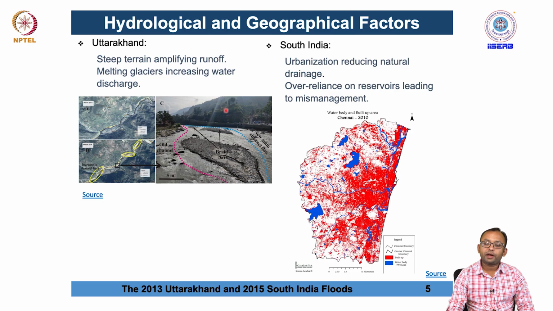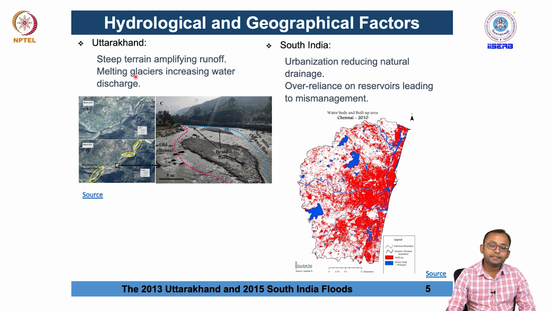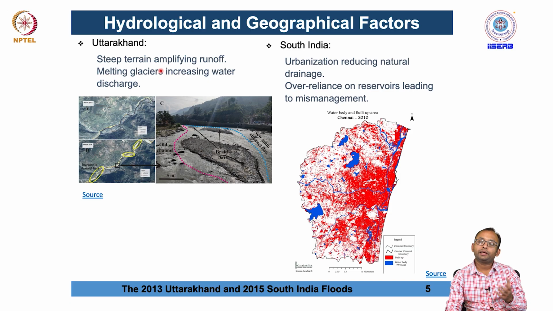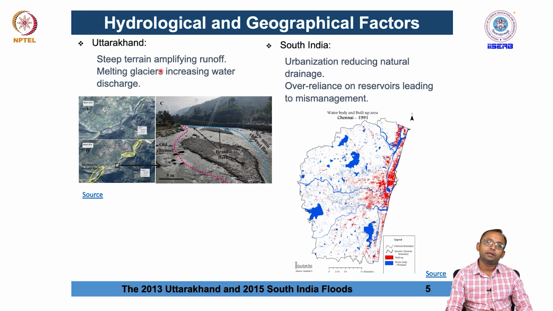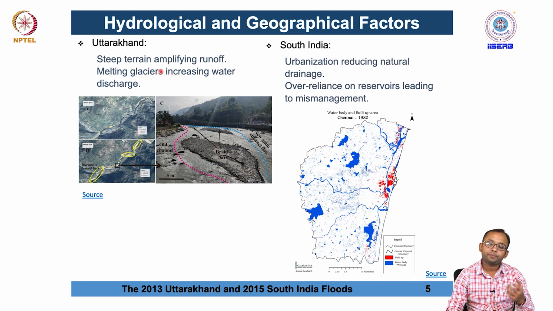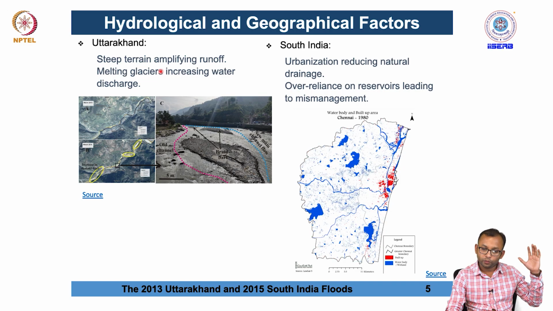What are the hydrological factors in Uttarakhand? We have discussed that steep terrain amplifies the runoff, because the Himalaya is a very steep terrain, and if runoff is generated, it is possible that there will be a very high velocity of flow that goes into the downstream part.